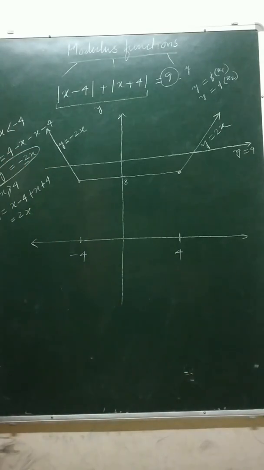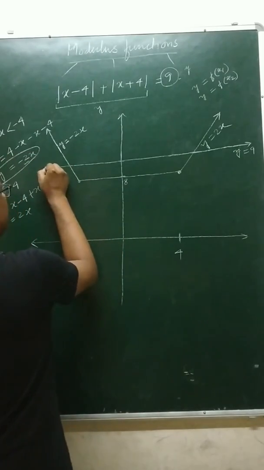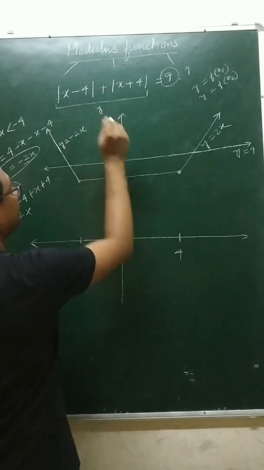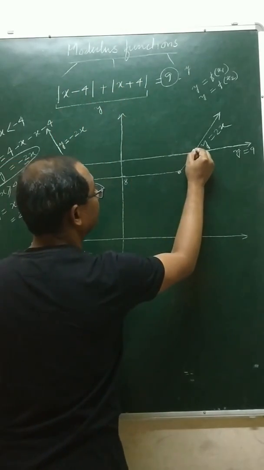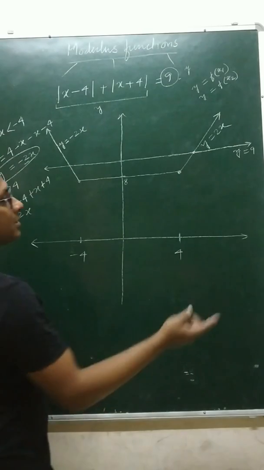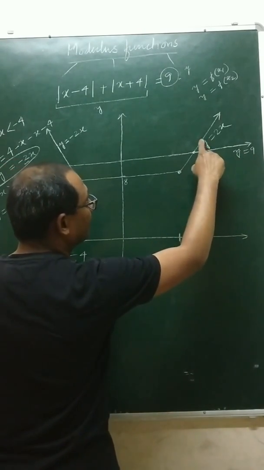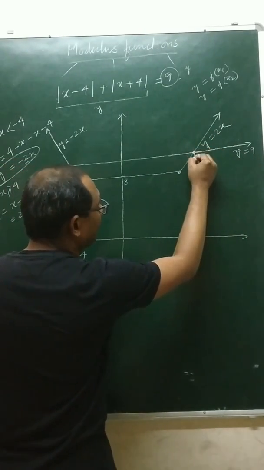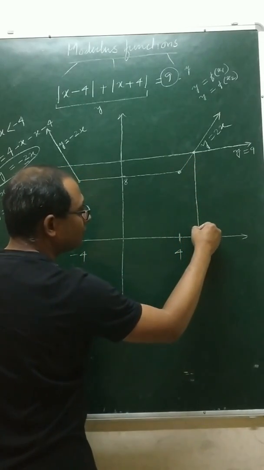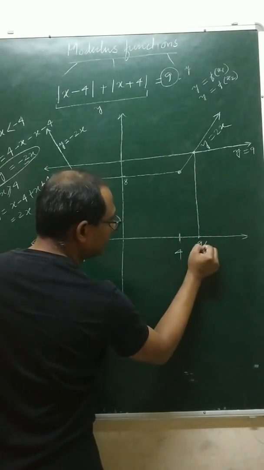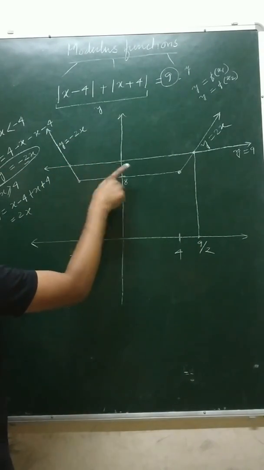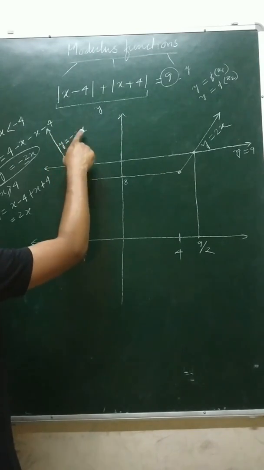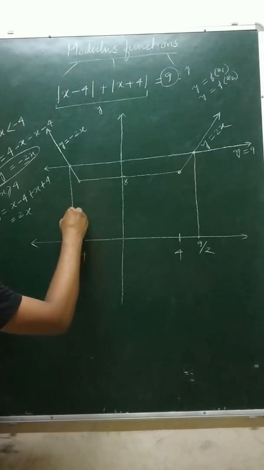So I am looking for those values of x where y equal to 9 will intersect the entire graph, that is y equal to modulus of x minus 4 plus modulus of x plus 4, which we have already drawn. Put here y equal to 9, so we'll get x equal to 9 by 2. And here, again this line is y equal to 9. So put y equal to 9 here. We'll get x equal to minus 9 by 2.